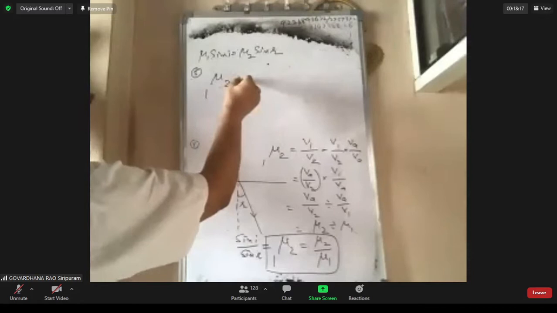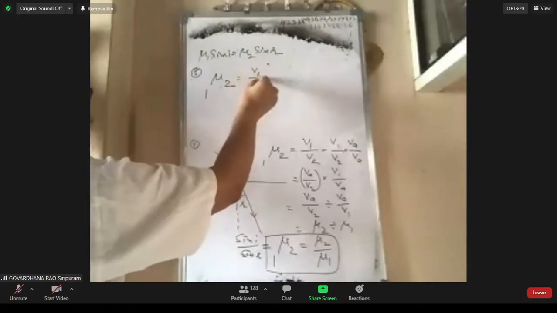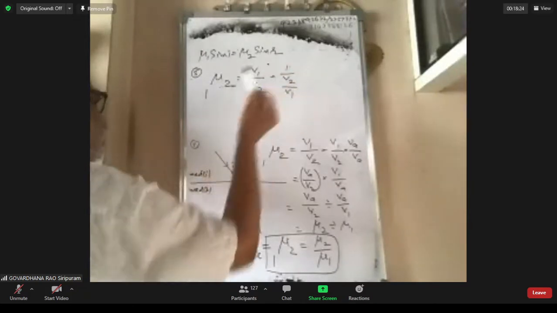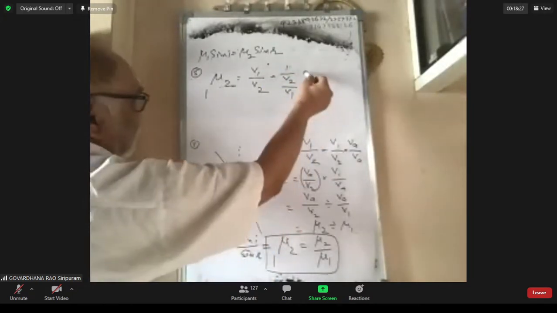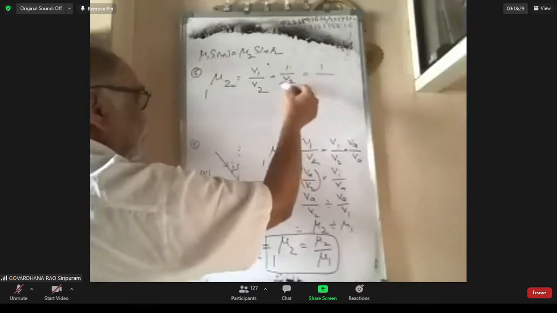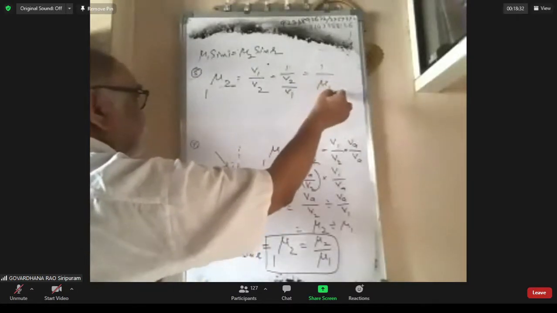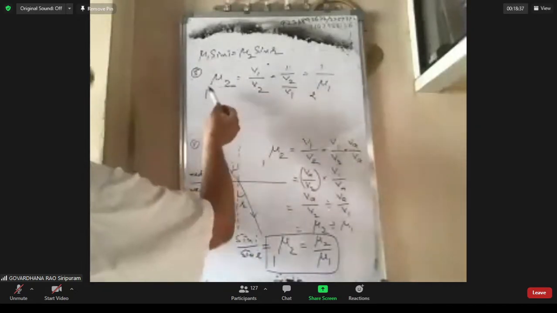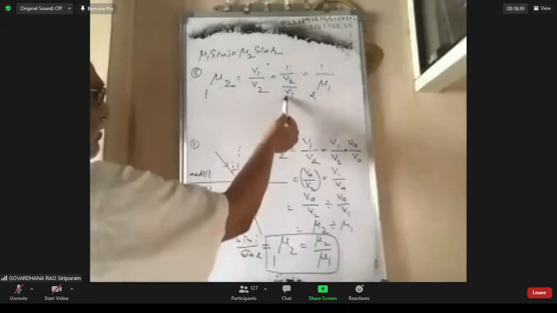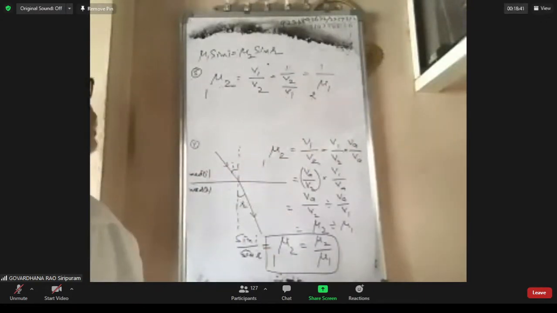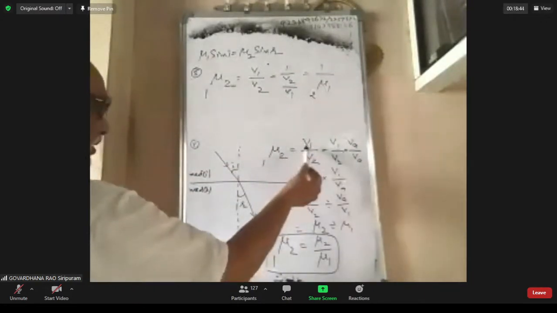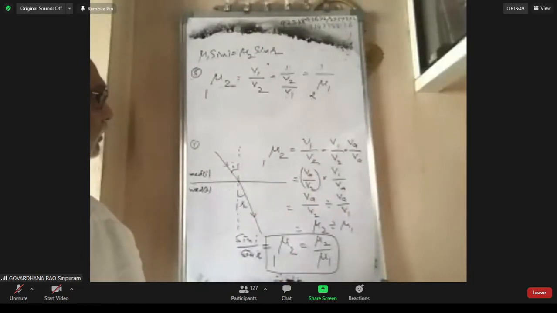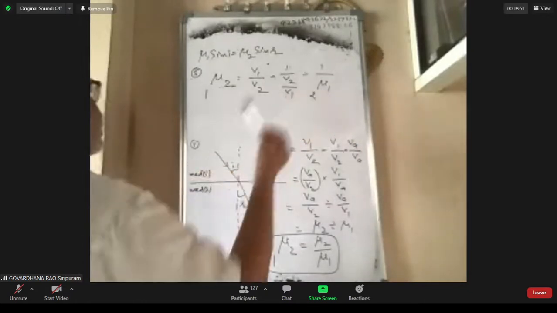mu2 1 is equal to v1 by v2. What is v2 by v1? mu1 2. So mu2 1 is v1 by v2, reversed, v2 by v1 is mu1 2.